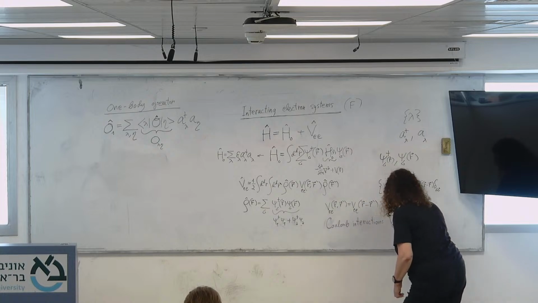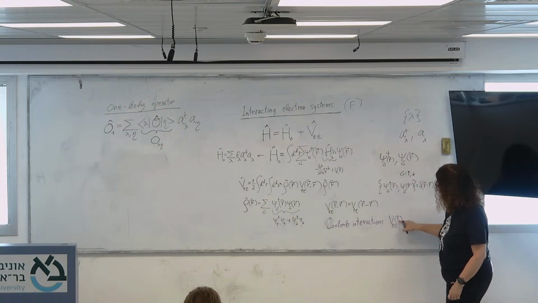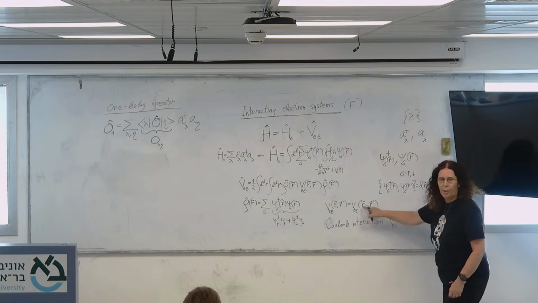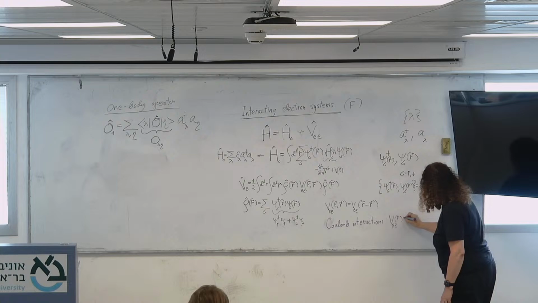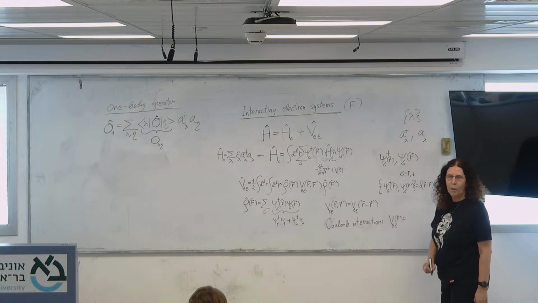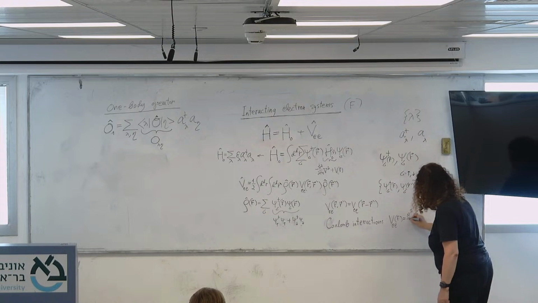V_ee of r, where r, as I said, denotes actually the difference. How does Coulomb interaction look? Yes, it's e squared over r.